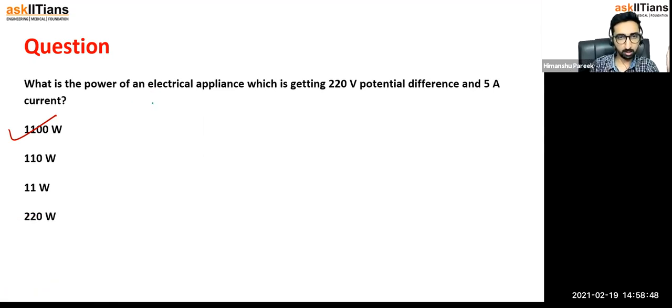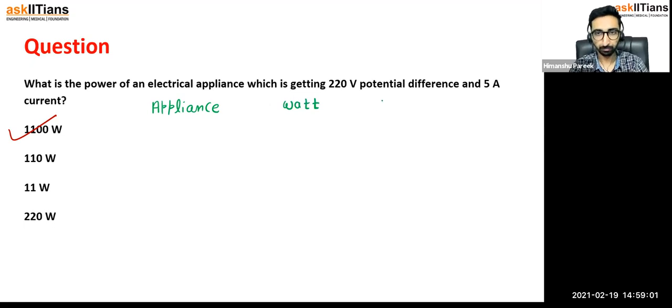Suppose let me write here the appliance name. Then I will be writing here the wattage, and here I can write the number of hours we will be using them.